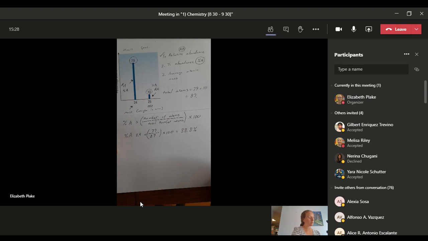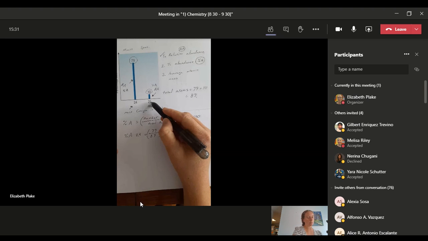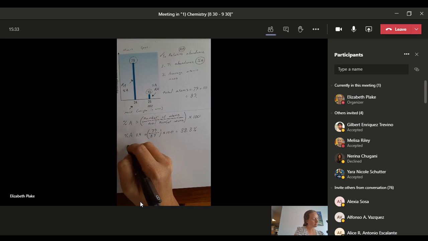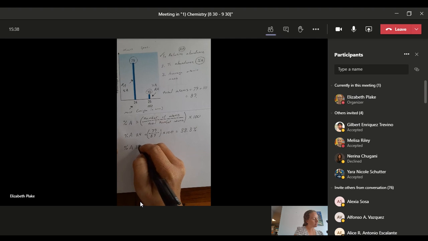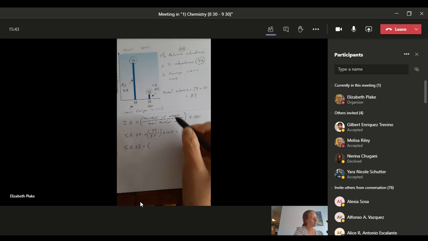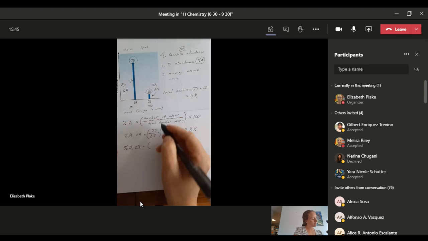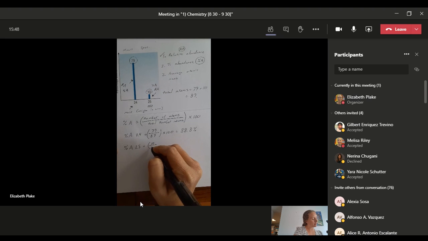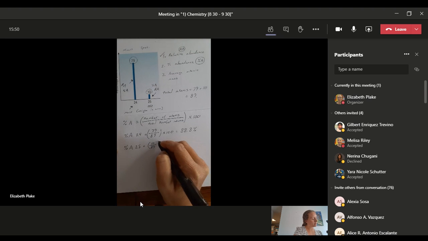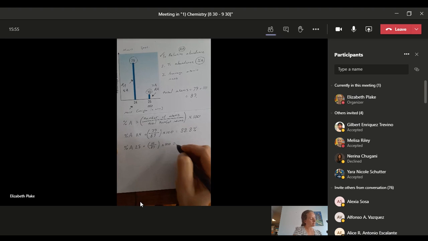And I need to do this one more time for my isotope that has a mass of 25 AMUs. So my percent A for 25 equals 10 atoms divided by 89 total atoms times 100. We already did this division when we calculated our relative abundance. I'm going to go back to that problem.